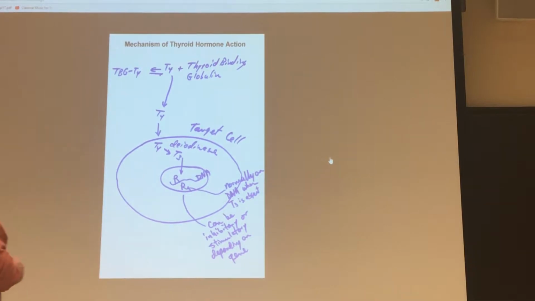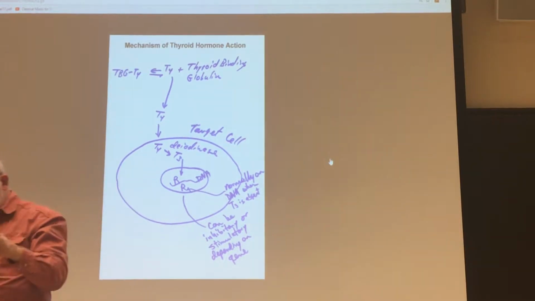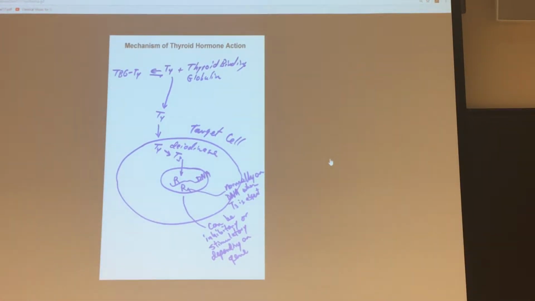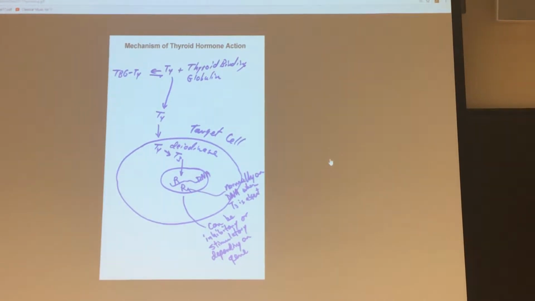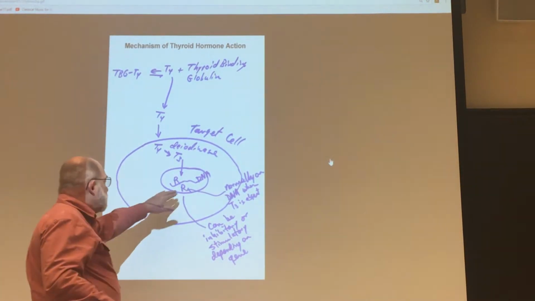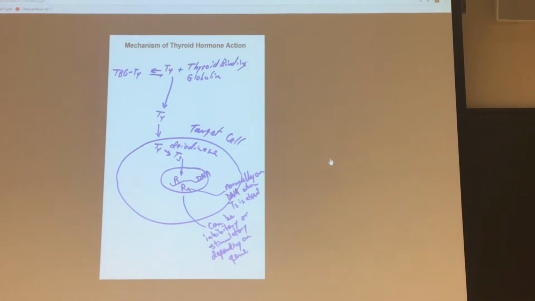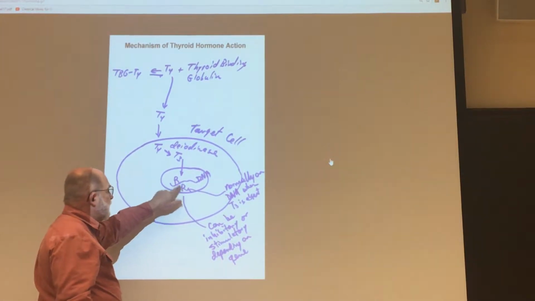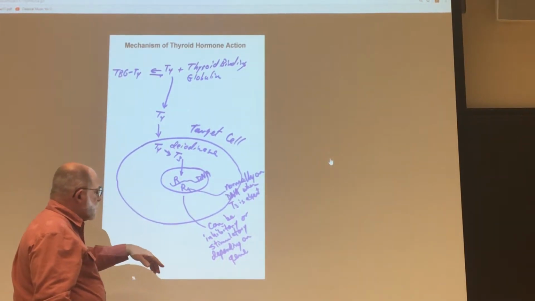The thing about thyroid hormone, as opposed to a lot of the steroid hormones, is that the receptor for thyroid hormone often forms functional heterodimers with other nuclear receptors. You'll get a lot of sites where thyroid hormone receptor is associated with, say, vitamin D receptor or with retinoic acid receptor. So you get a heterocomplex forming on the DNA and helping to alter gene readout, transcription, and ultimately translation.